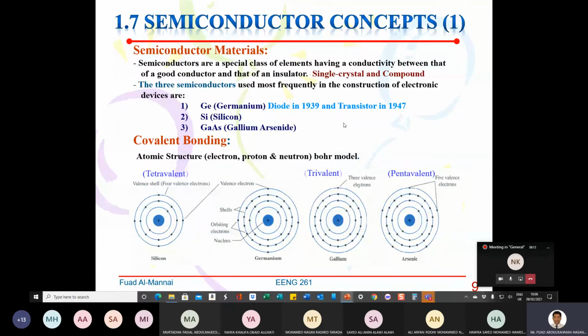So what happened is that the scientists took gallium and arsenide, put them together, and created a compound called gallium arsenide. There is a company in Hillsboro, Oregon, that deals with gallium arsenide, and it works just like silicon, except it's 5 times the speed of silicon.